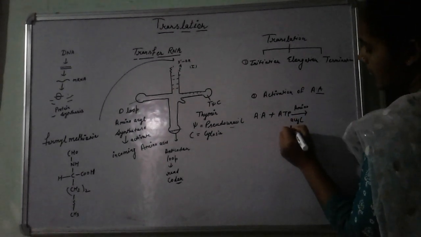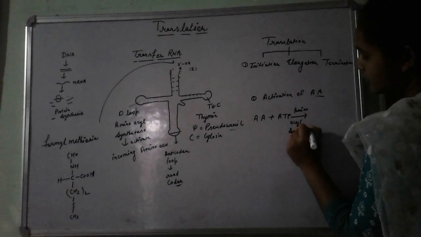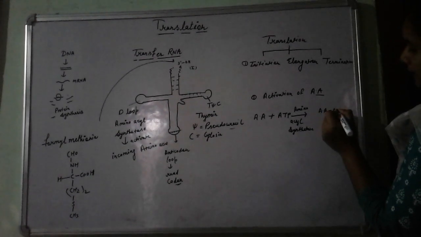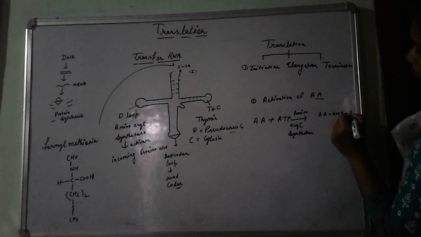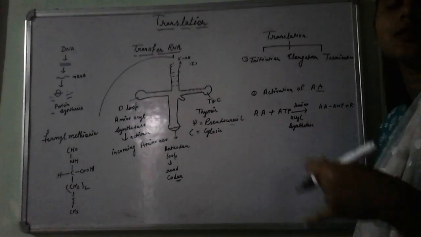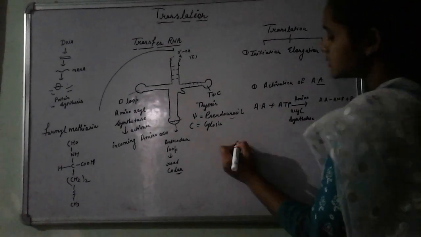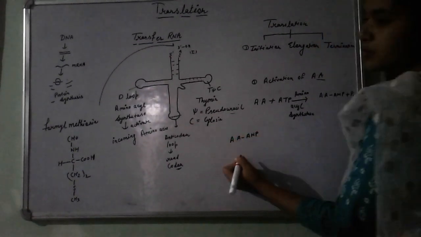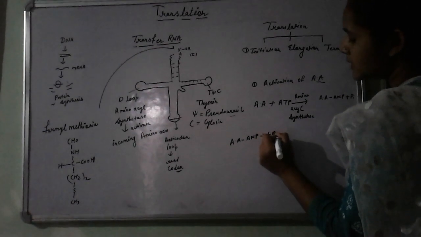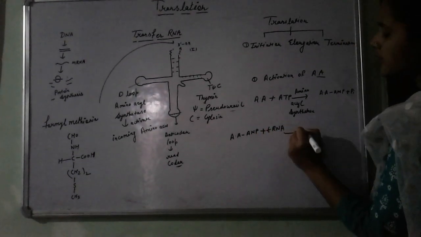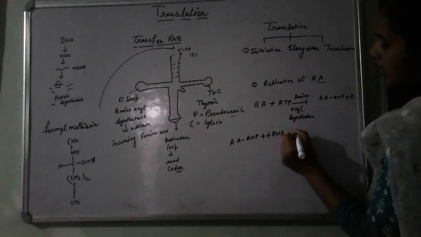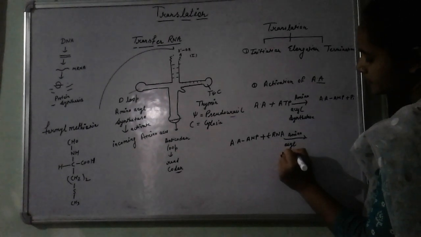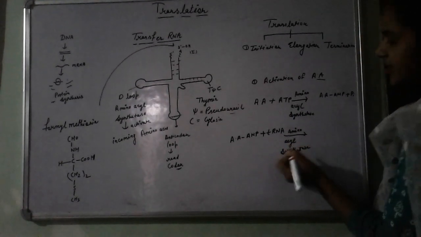So it forms an amino acid AMP complex plus pyrophosphate. Phosphate is released in the form of energy, and this activated amino acid which has AMP, adenosine monophosphate, binds with the transfer RNA in the presence of amino acid synthetase, right? So it activates the amino acid.